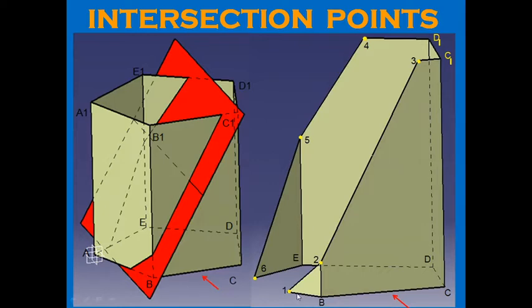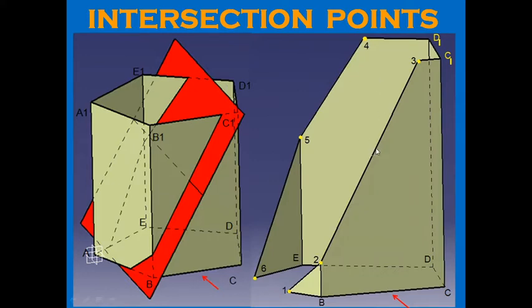What you observe is that 2 intersection points, intersection points 1 and 6, are with the edges of the base, to be specific, AB and AE, the 2 edges of the base. Then the next 2 intersection points, 2 and 5, are with the vertical edges BB1 and EE1. Okay, and the next 2 intersection points are with the edges of the top face. They are D1C1 and D1E1 here.